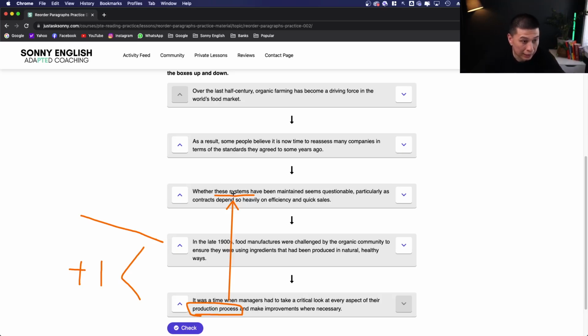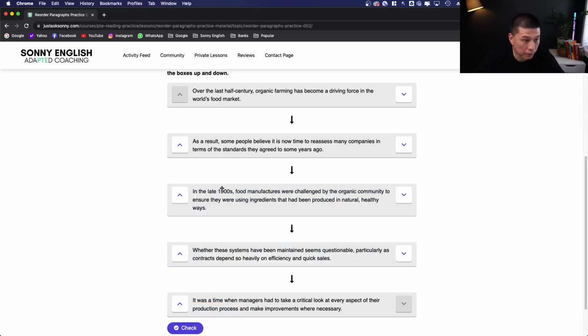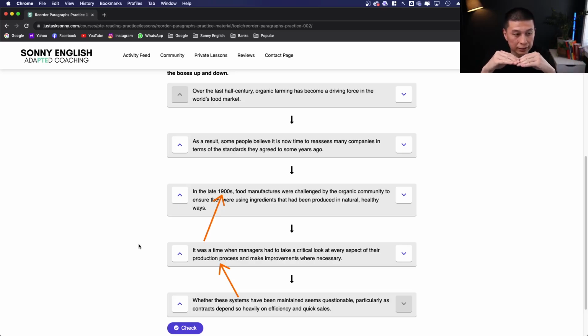So how am I going to do this? I got to put the systems below. Okay, so let's move this up. Okay, there you go. Done. So you see how this, it was a time, it's referring to the 1900s, and then these systems are referring to the process. Now, if these three are connected together, then we can't put this in between them, right?